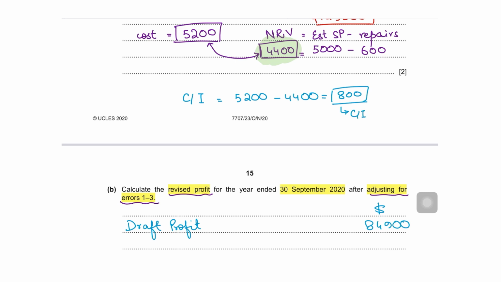If my closing inventory is overstated, my cost of sales would be understated, because I'll be subtracting a bigger value from my cost of sales. That will understate my cost of sales, which will overstate the profit. So by overstating closing inventory, my profit was also being overstated.